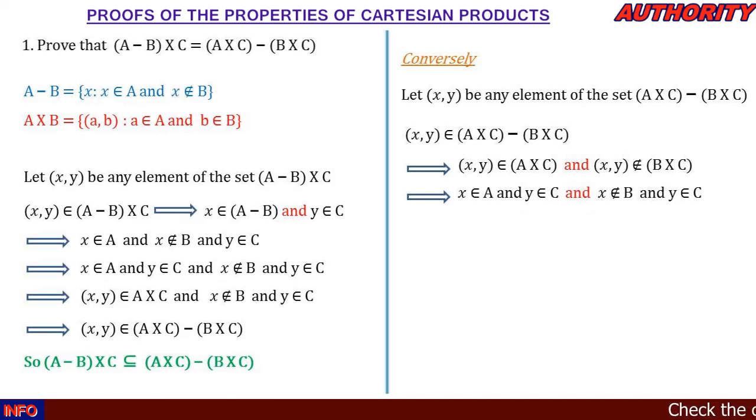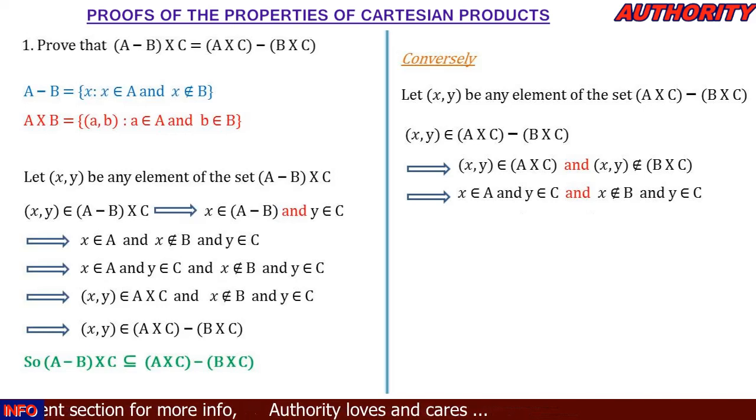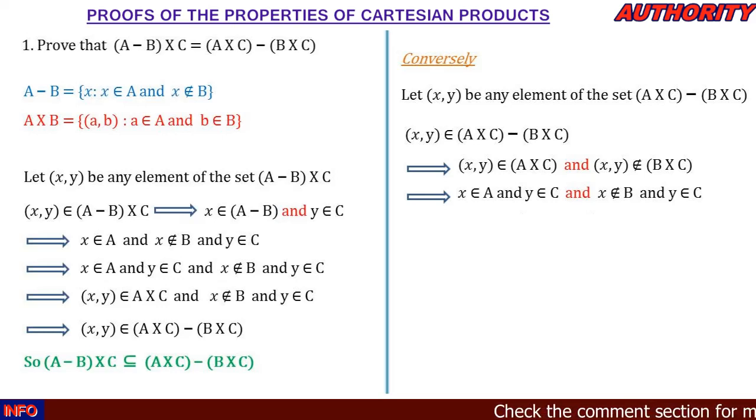Then coming to the other side, we say that X comma Y does not exist in B cross C. But we have seen that definitely Y is in C. So the only thing that is not there is that X is not in B, but Y is in C. X is not in B and Y is in C because it has been established that X is in A and Y is in C. So we say that X is not in B and Y is in C. Okay?